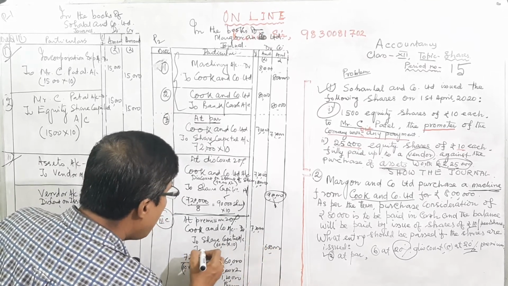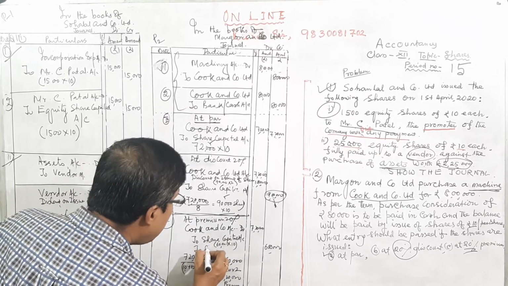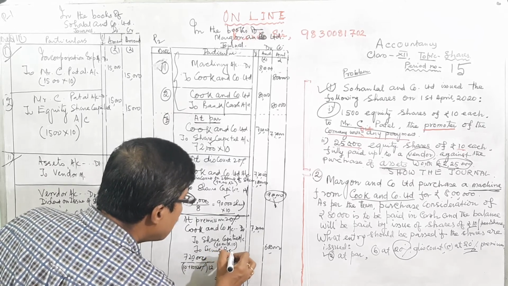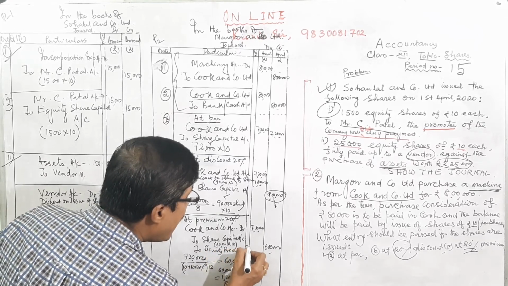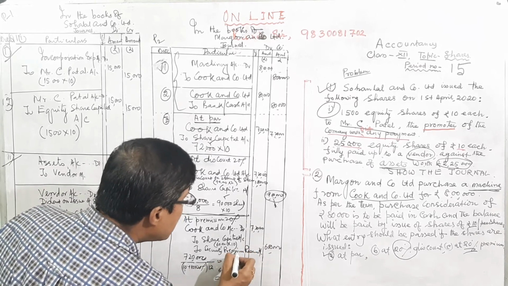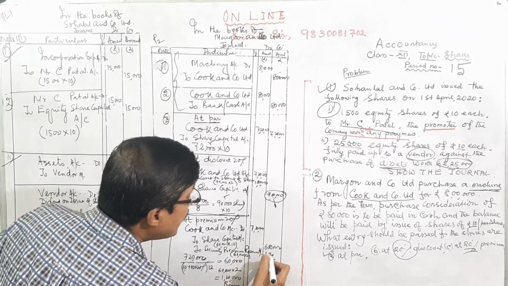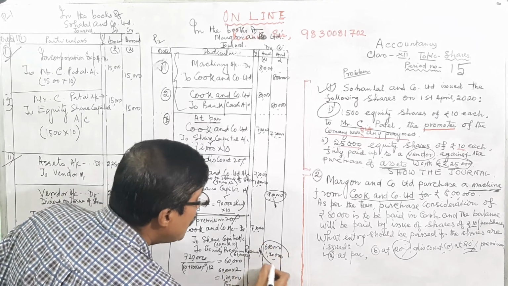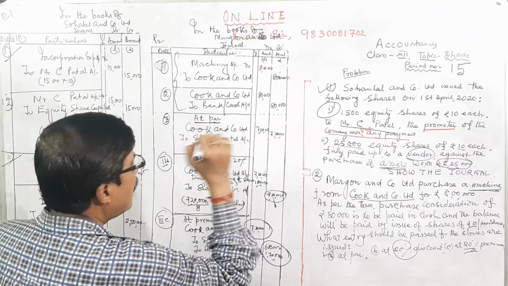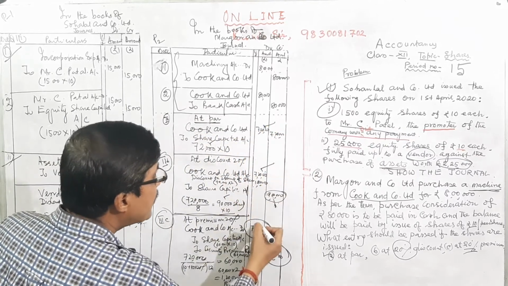And share premium or securities premium reserve account, how much? 60,000 into 2, 1,20,000. That equals 7,20,000. And in all cases the balance payment is 7,20,000.